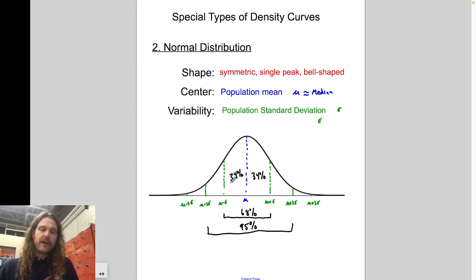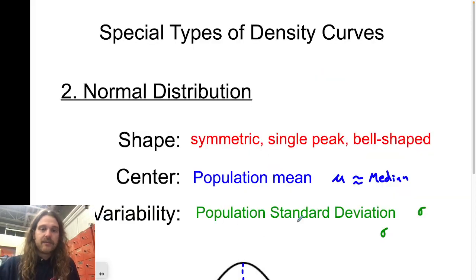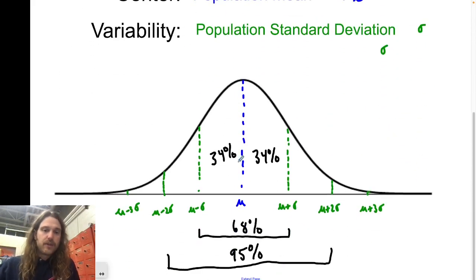Now, if we do some simple math here, we know that if this is 95 and this is 68, then 95 minus 68 is what's going to be in these 2 sections. So I can go to my calculator, and I can say 95 minus 68 is 27, divided by 2 is 13.5. So if I zoom back in, I'm going to go down so we can see this a little bit better.